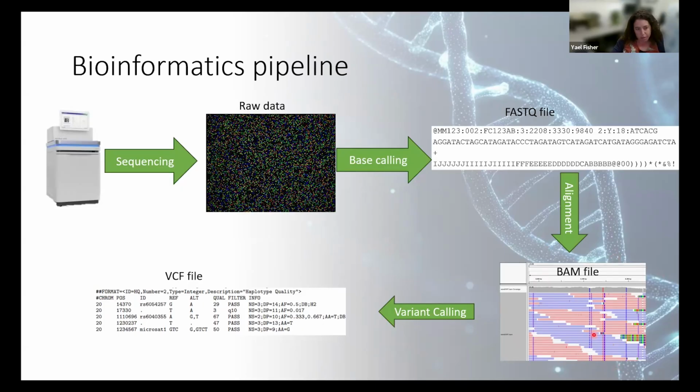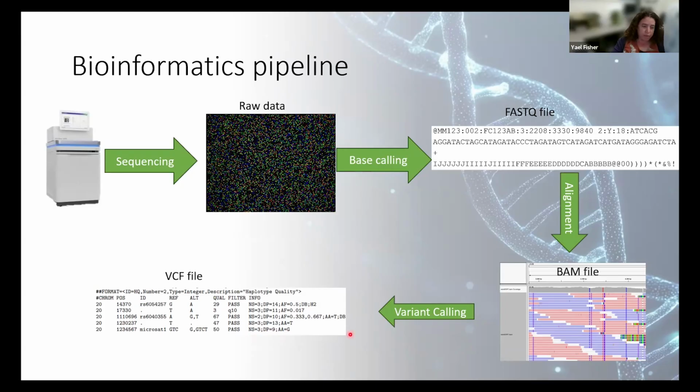But still, BAM files are large, and you can't scroll through the whole BAM file to identify your variant, so it needs to undergo a process that is called variant calling that identifies the variation between your sequence files and the reference files, and the result of this is a VCF file with a list of your variants.